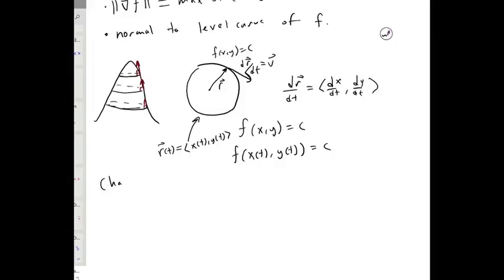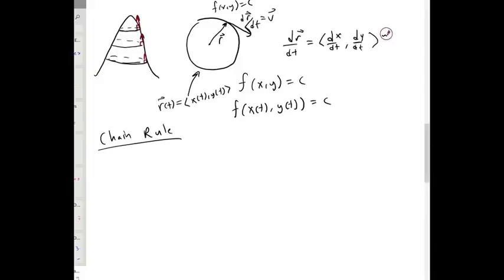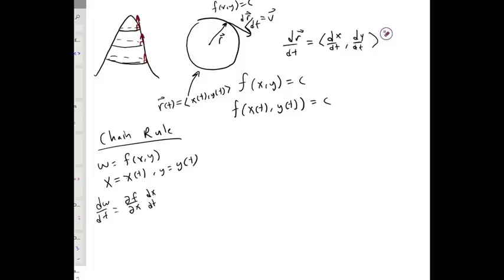And I don't know if you guys learned the chain rule for multivariable functions, but if we have w equals f of x, y and x equals x of t, y equals y of t, then the derivative of w with respect to t is df dx times dx dt plus df dy times the regular derivative dy dt.